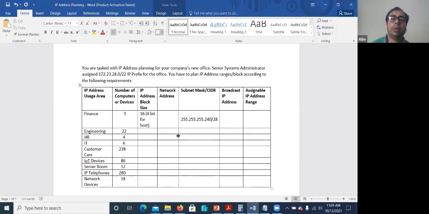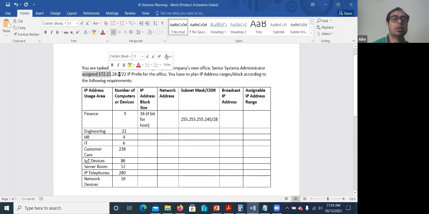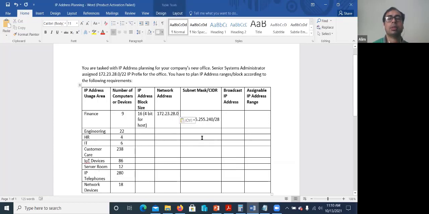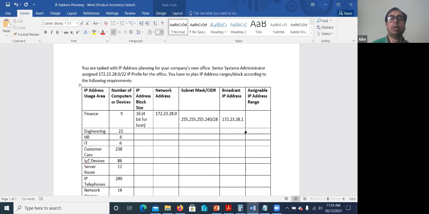Okay. Now, what will be the network address? The network address is this one, because it is given to you first. Then what will be the first IP address? 172.23.28.1. What is the last assignable IP address?